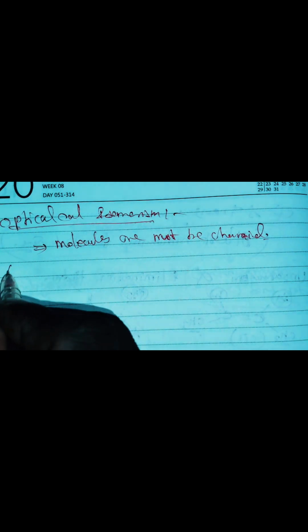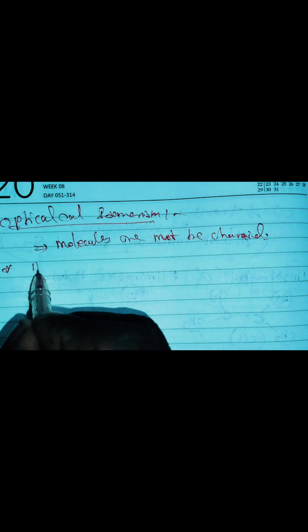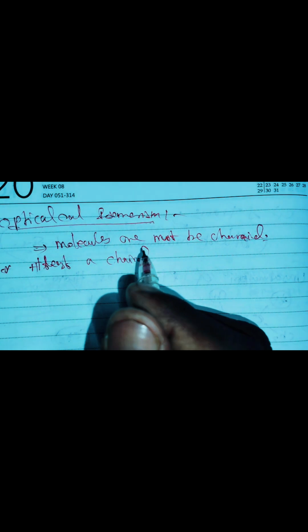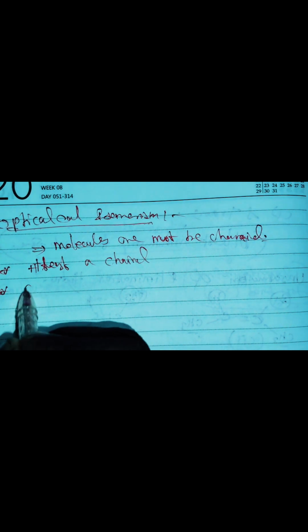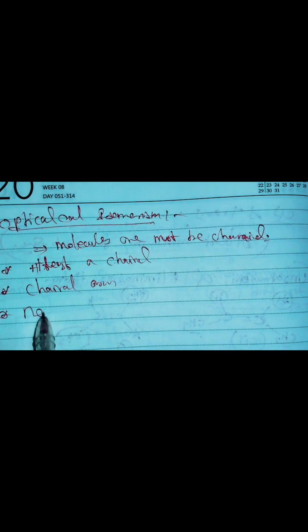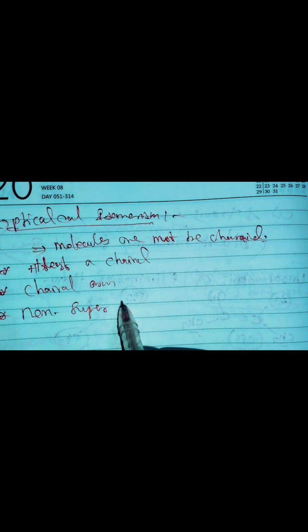When molecules are chiral, there is at least a chiral carbon, or a chiral axis, and a non-superimposable mirror image.